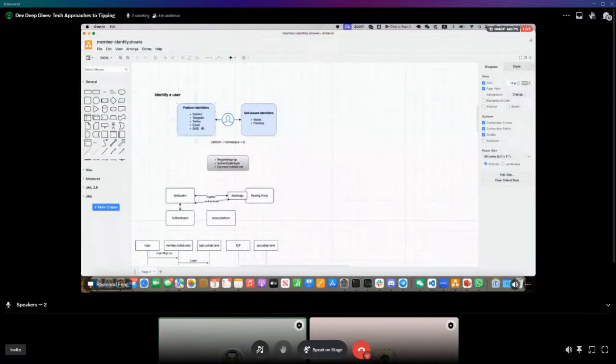That could be your email address, it could be your Discord handle, your Telegram username, or your phone number, right? Then going to the decentralized world, you can have crypto wallets, you can have passkeys. So those are the different ways to identify A and B.